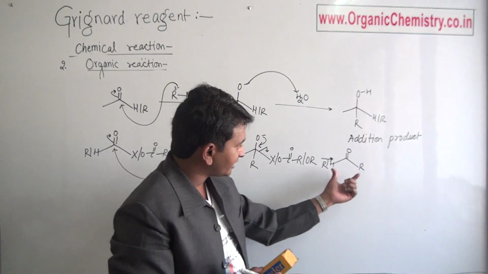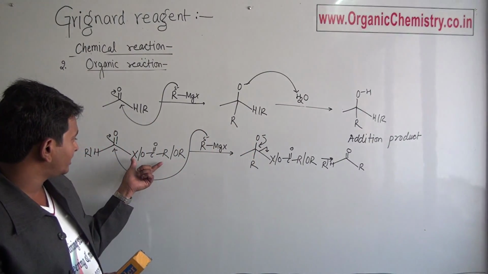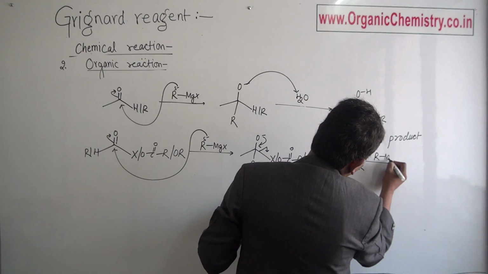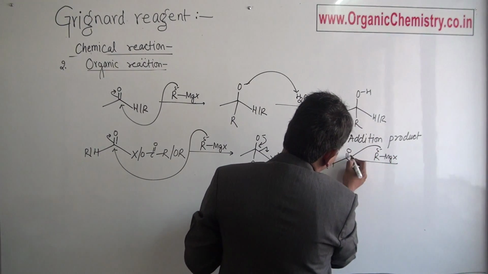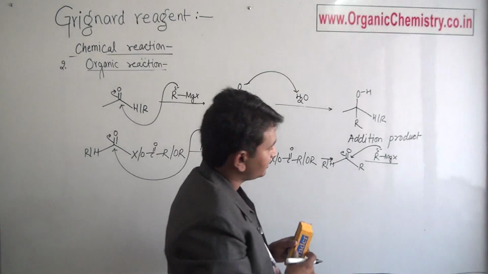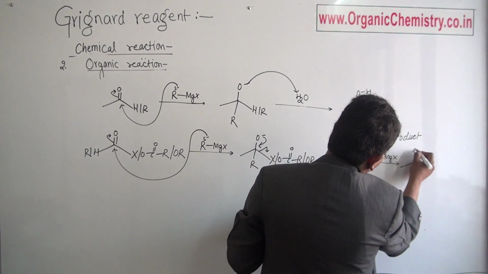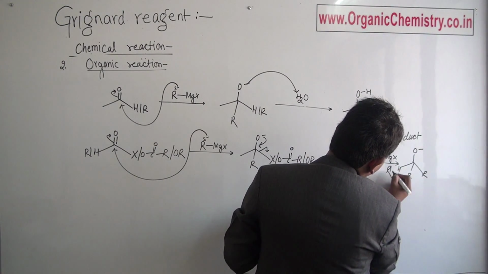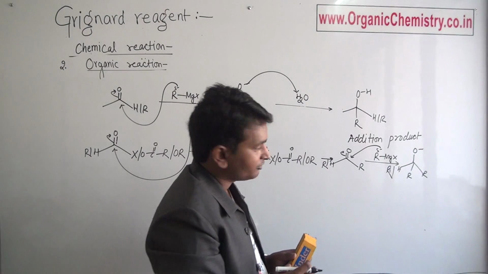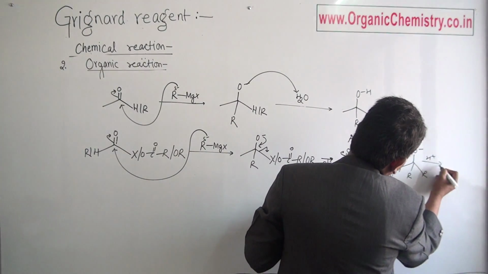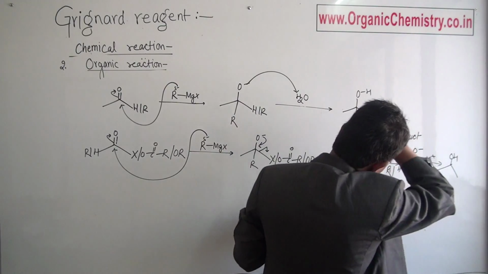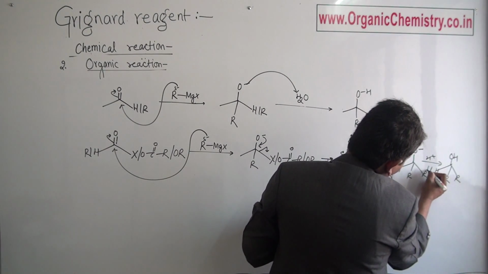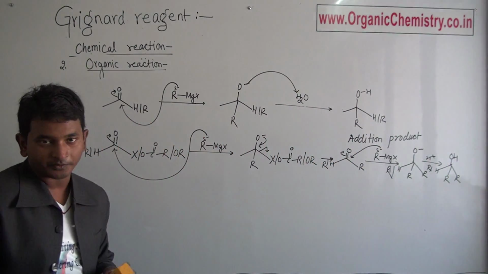So another RMgX, which is present in the reaction container, attacks over this part and gives O negative, R, R, H and R. Then it finally takes protons from the medium, from the other reagent container, and finally secondary or tertiary alcohol is obtained.